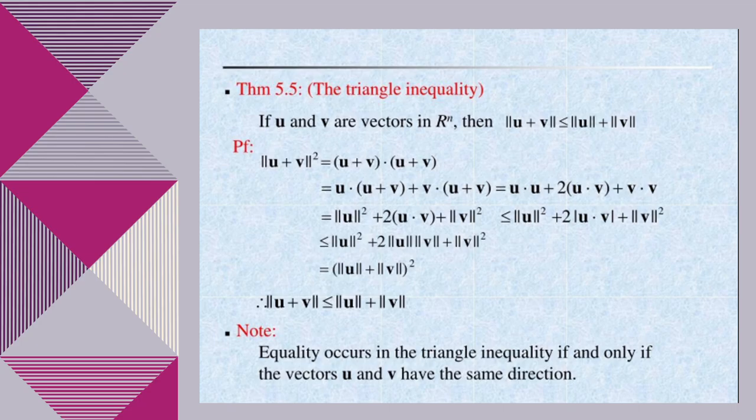Taking the square root of both sides gives us our final inequality. And remember, the two sides are exactly equal only when u and v point in the same direction.